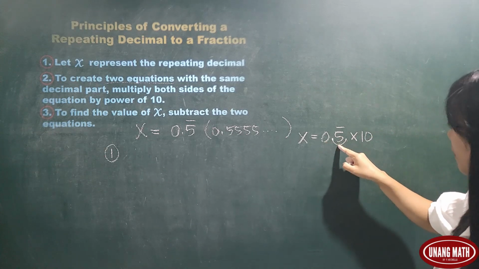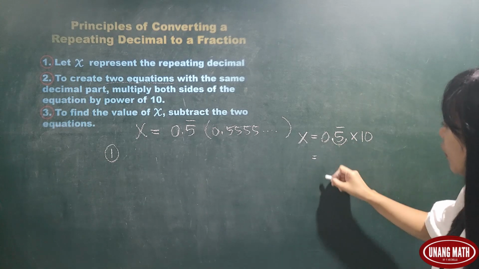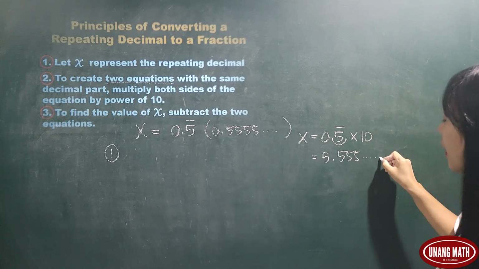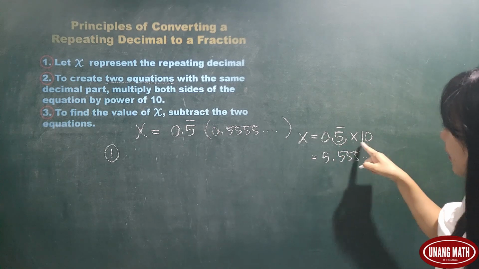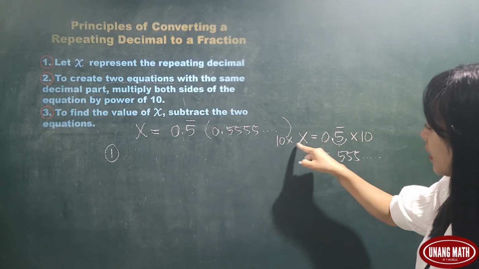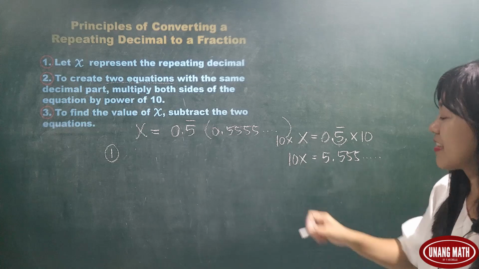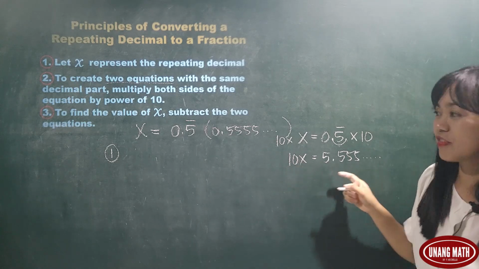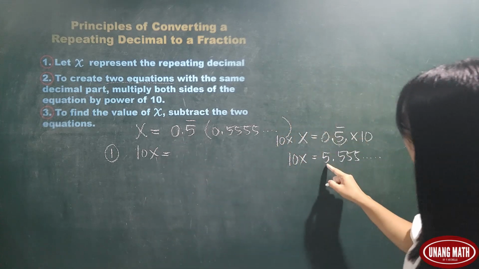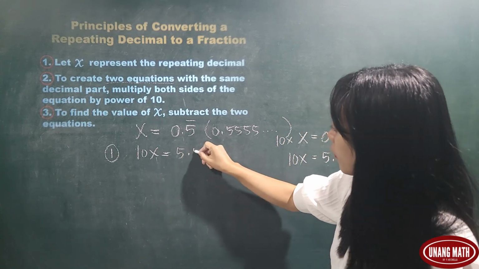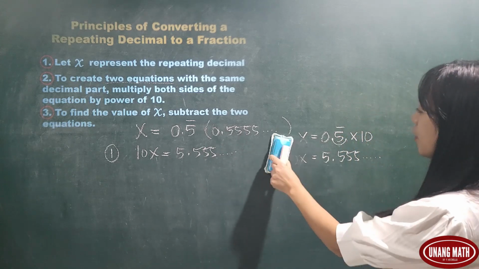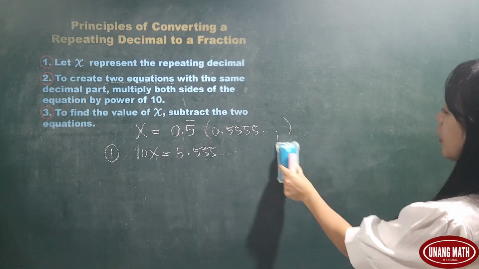Okay, 0.5 repeating times 10 is equal to 5.555 repeating. If we multiply this side by 10, we have to do it also on the other side of the equation. So 10 times x, this is 10x. So this is our first equation. So we have 10x is equal to 5.555 repeating.